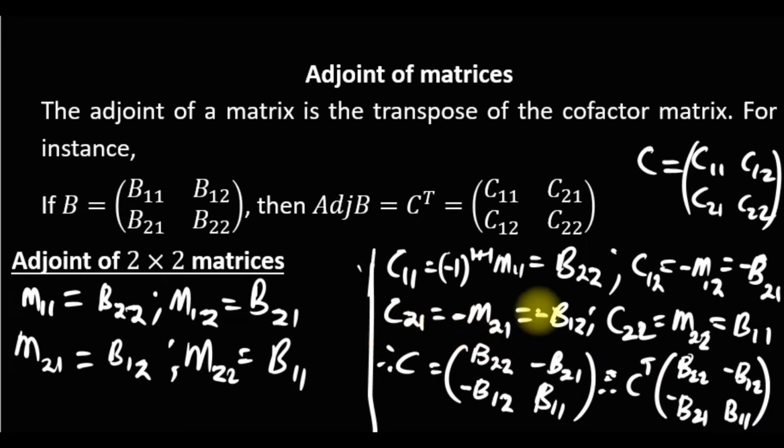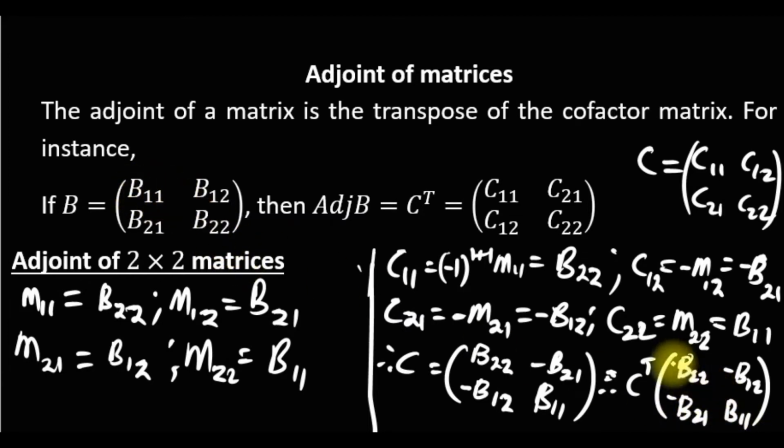So you observe that to get the adjoint, you interchange the elements of the principal diagonal. So do you see it? We have B22 here, but here we have B11. So it's the same thing as interchanging the elements of the principal diagonal.